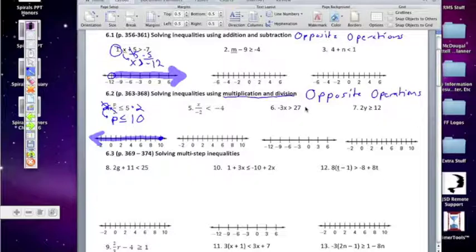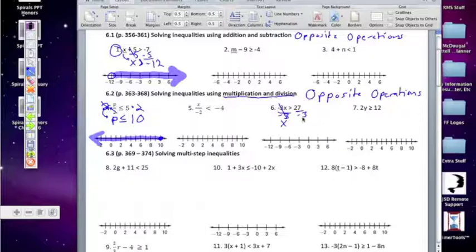How do I solve number 6? What is my only step? Divide by negative 3. So when this cancels, what does that leave? X. And what is the result on the right side? 27 divided by negative 3.